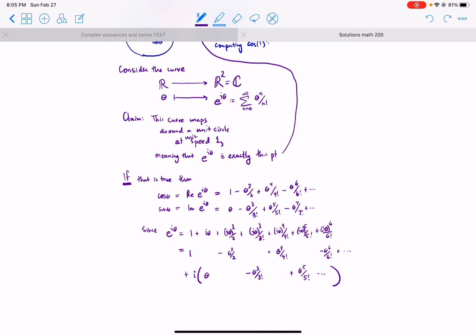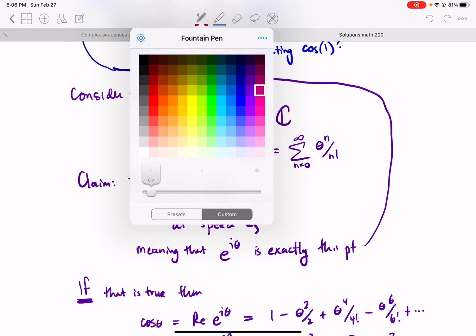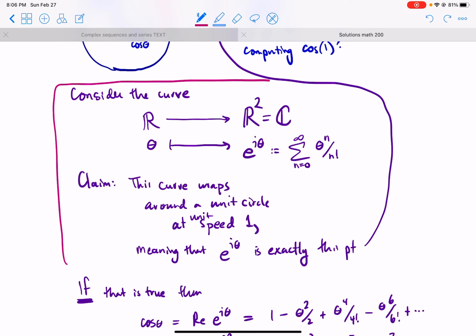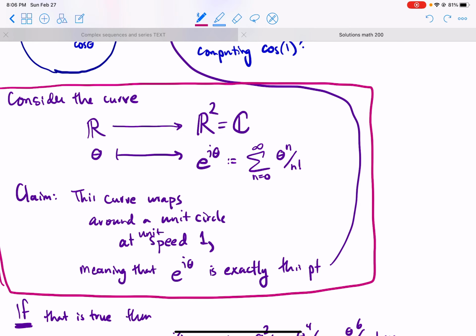That's amazing. So the only thing we need to do is prove this. We need to prove that this curve, this is a curve in the plane. Every number of theta will be some limit of a sequence of partial sums.